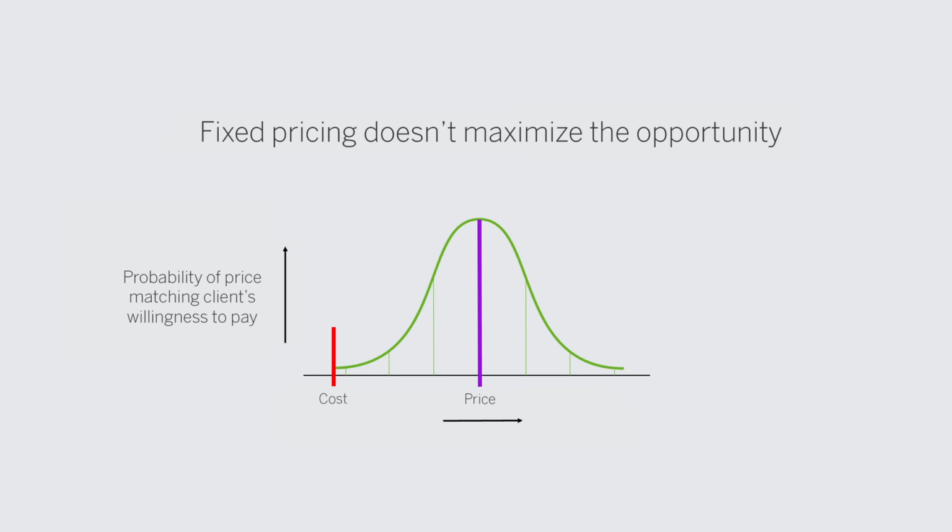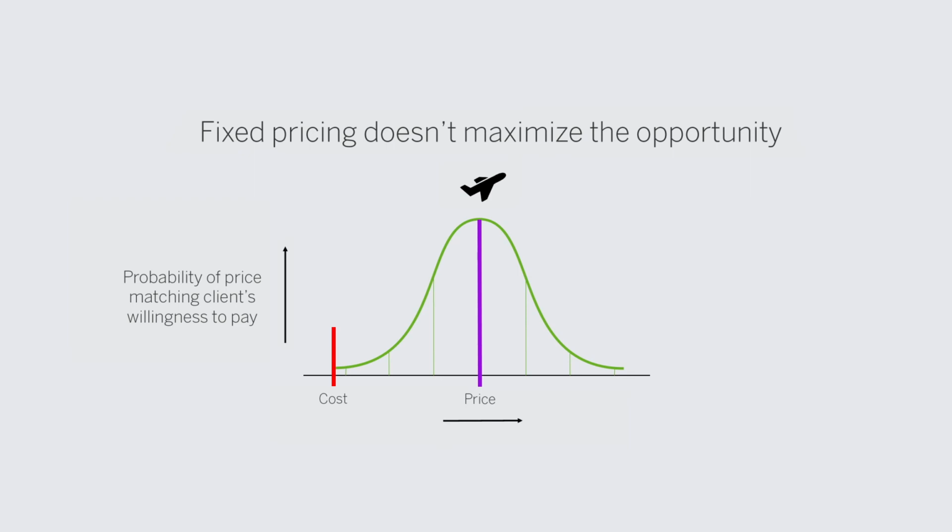We've got a cost of operation for the flight, and then a price, and this operator has decided to offer a fixed price for every single customer who wants to fly this route. They've chosen the price which most often matches the customer's willingness to pay. When that normal flight comes in, with normal levels of demand and supply, then it's the right price. They're going to win the trip, it's fixed, and everyone's happy.